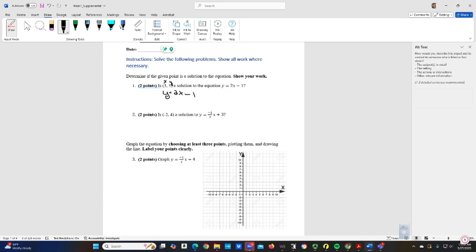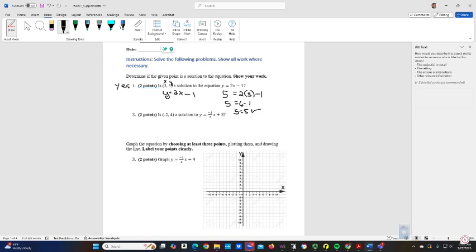So I'm going to just replace those values into the equation to make sure my left side is equivalent to my right side. When I replace my Y with 5 and I replace my X with 3, do I get 5 on the left is equal to 5 on the right? And as you can see, as I work this out, we get 5 on the left is equal to 5 on the right. Therefore, yes, this is a solution.